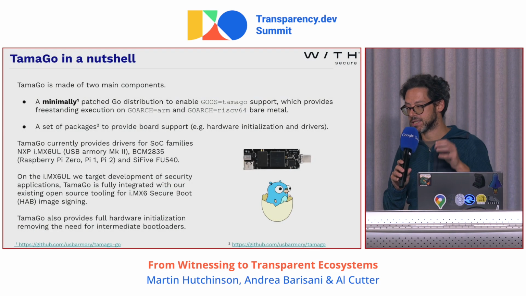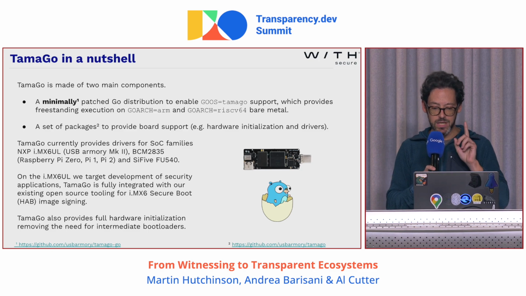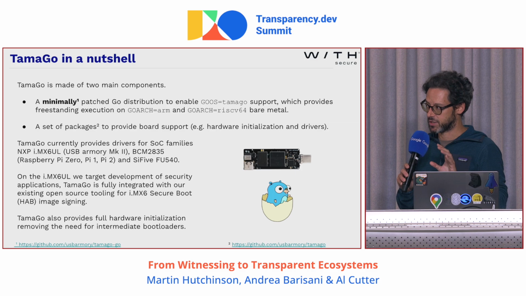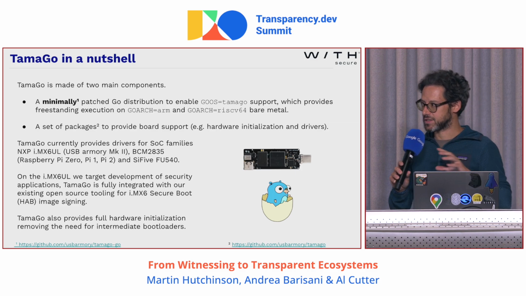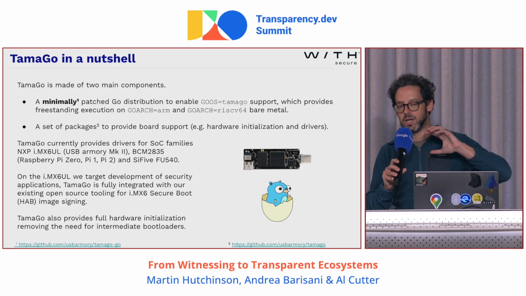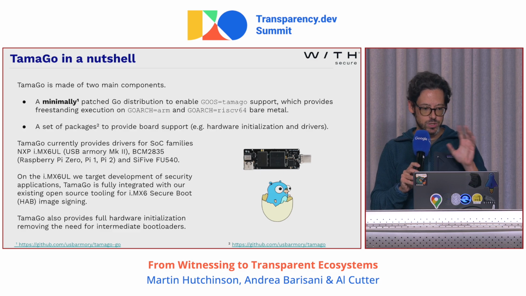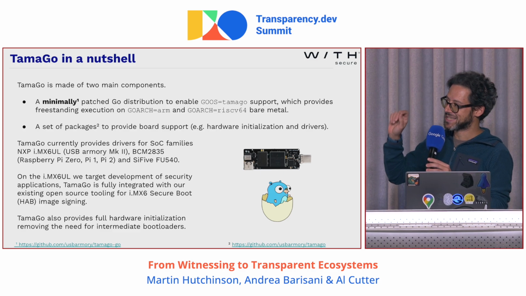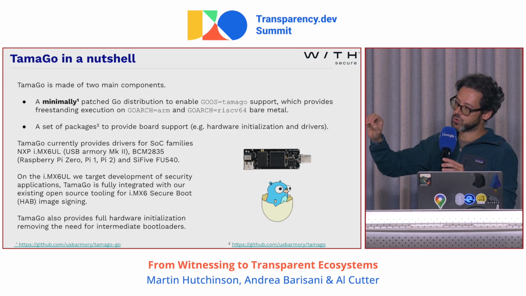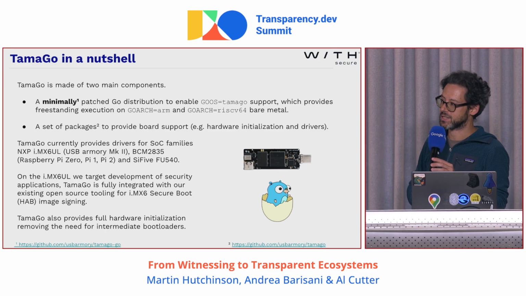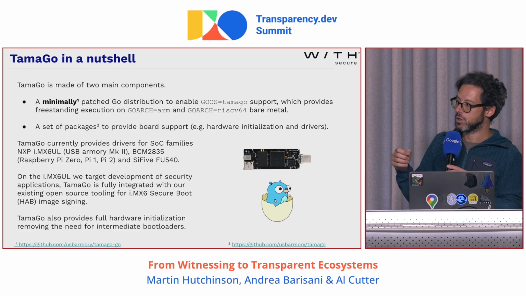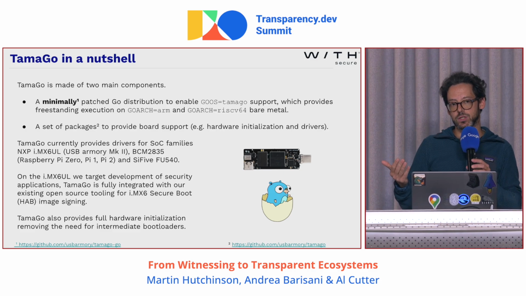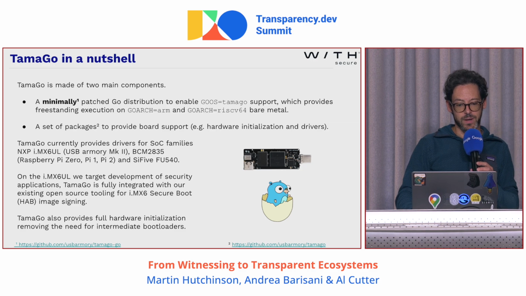So TamaGo is a minimally patched Go distribution, and this is important, because we want to achieve trust with this entire ecosystem. It's not something that is done with spaghetti code or a very complex reimplementation. We're talking about 5,000 lines of code, which extends the original Go support to another Go OS platform, called TamaGo, which can go on the ARM and RISC-V architectures and allows you to execute Go on the bare metal.